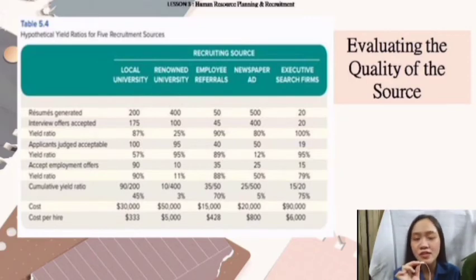The renowned university generated a high number of resumes, but only a few of them accepted the positions. All in all, we can infer that the two most recommended sources would be local universities and employee referrals. With regard to the executive search firms, yes, they gave the best cumulative ratio, but the cost per hire is too high.